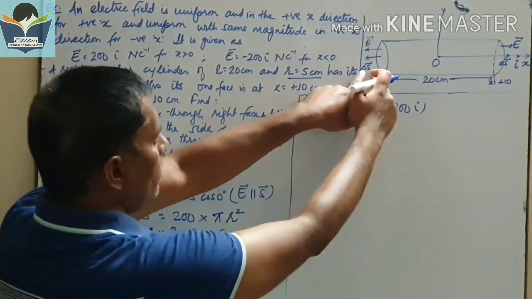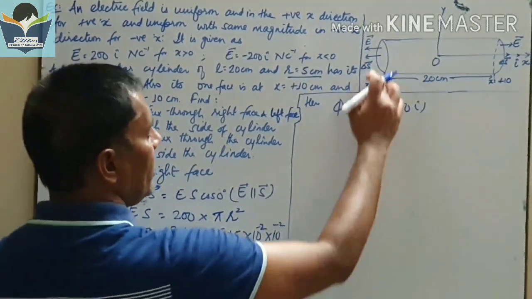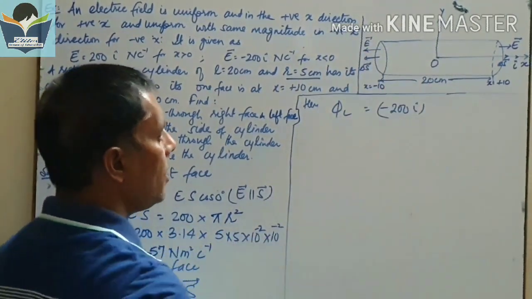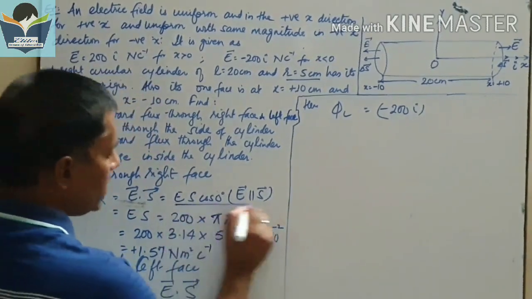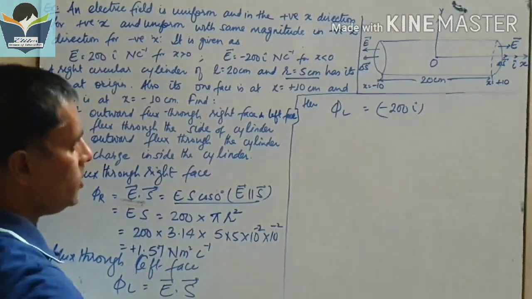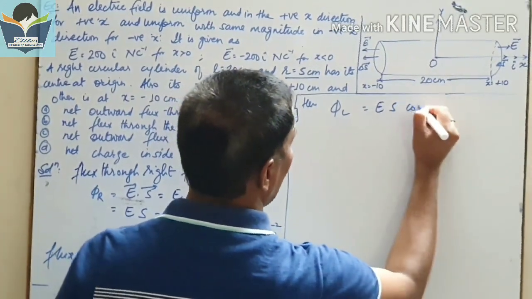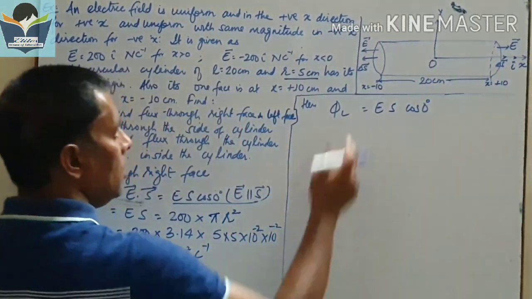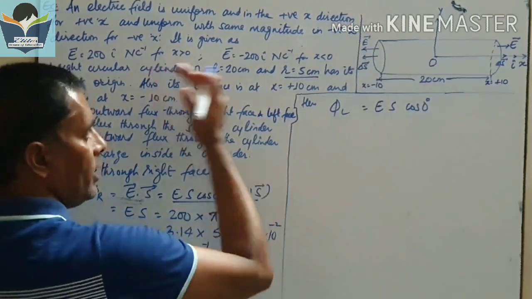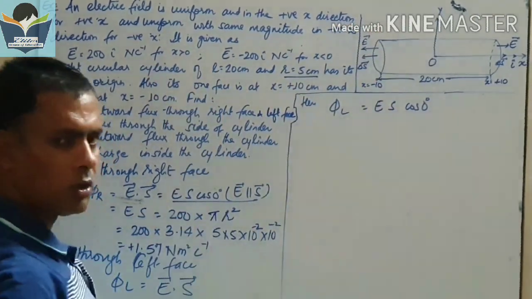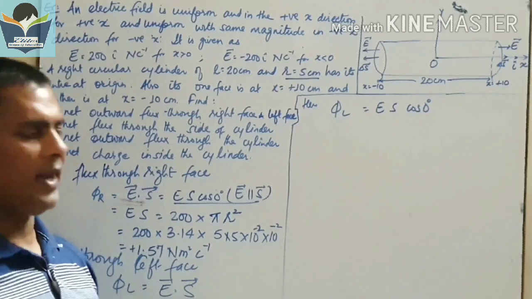So either we find out the area vector, or we again can have E and S parallel to each other. So as we did here, we took the angle to be 0 degree. So we take here also, it is as E S cos 0, because on the left side the field and the area vector both are in the outward direction.